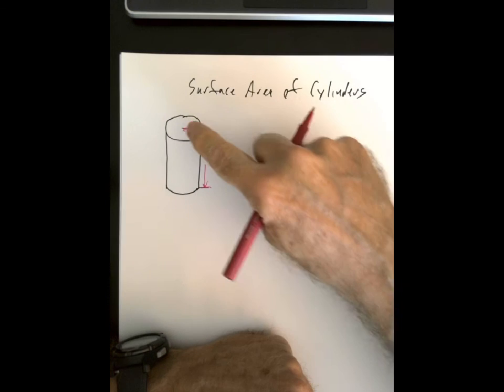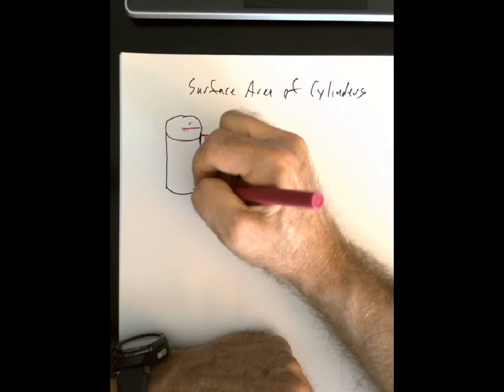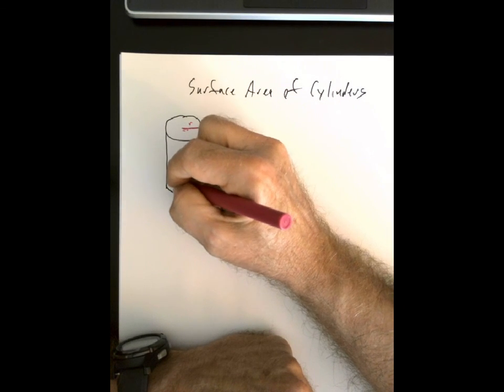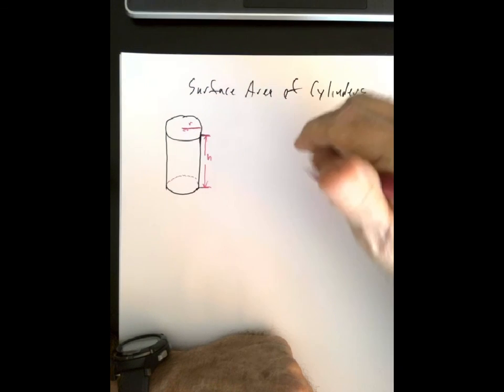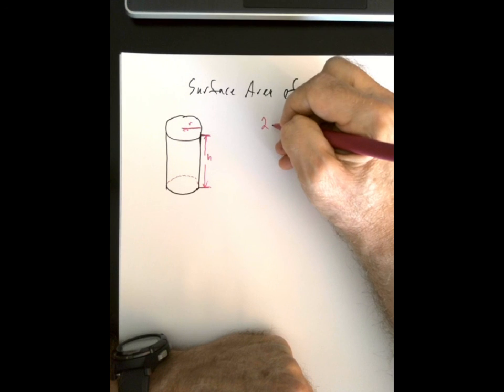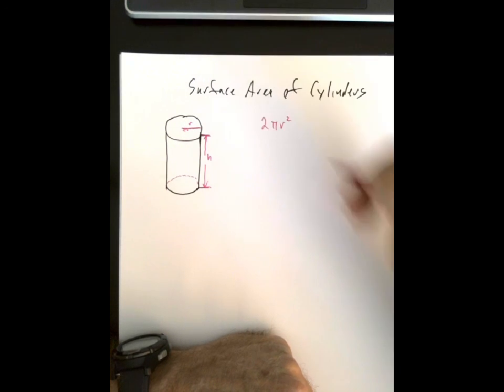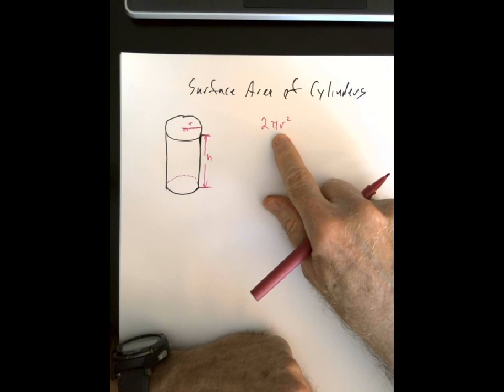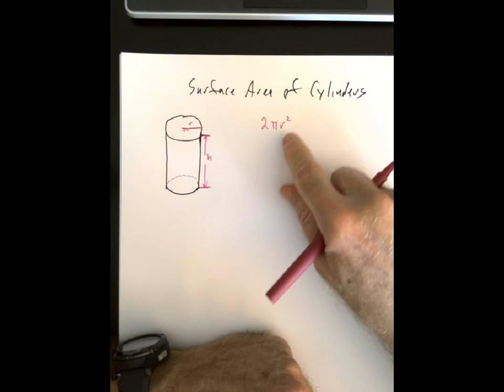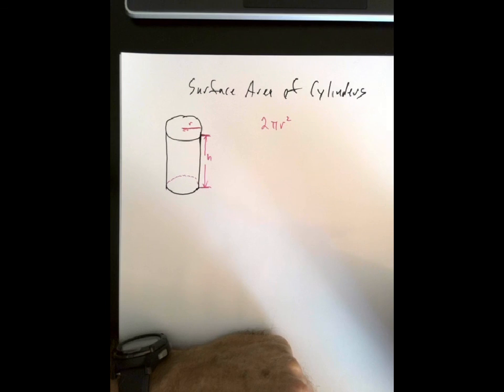So to get the area of the top and the bottom, the identical top and bottom, we're going to get the area of the top and just multiply it by 2, right? Pi r squared for the top, then double it to get the area of the bottom as well.